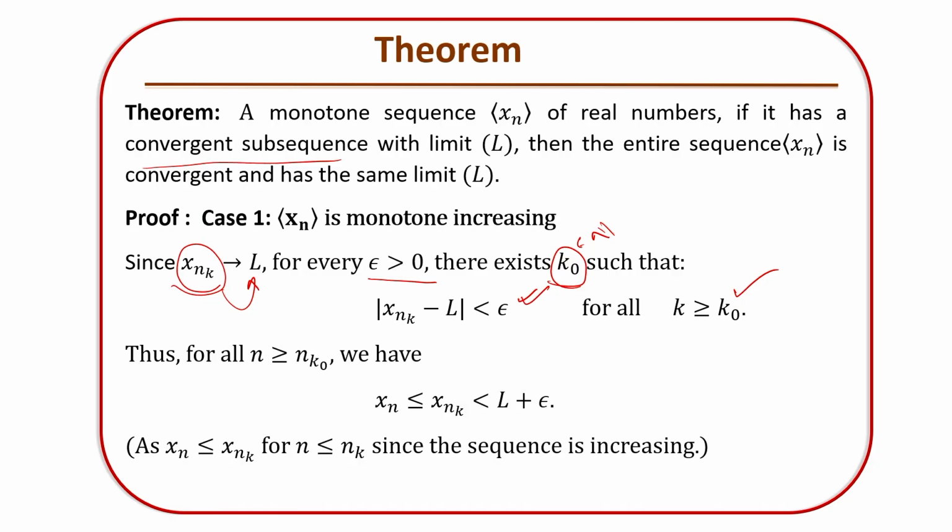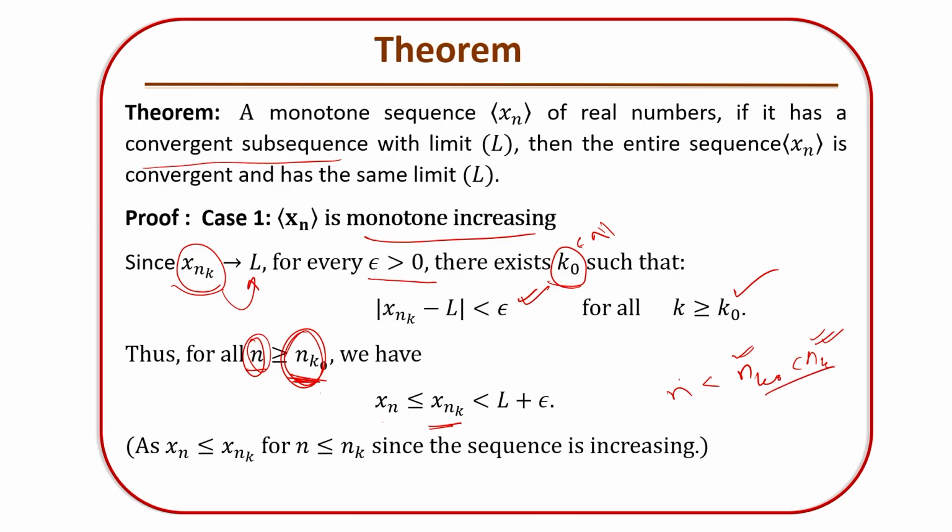So for every n greater than n_{k0}, where k0 is a fixed number, so n_{k0} is a fixed index, we have x_n less than x_{n_k}, because you have a monotonic increasing sequence. All these indices are valid because the indices n_k are monotonic increasing.